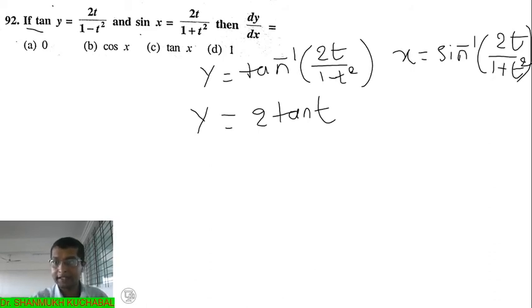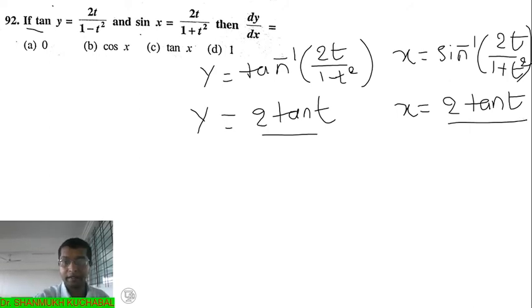And further here, this is also a standard expression, it is 2 tan t. So we observe that the RHS are the same, so we can equate the LHS, so we get y equal to x.